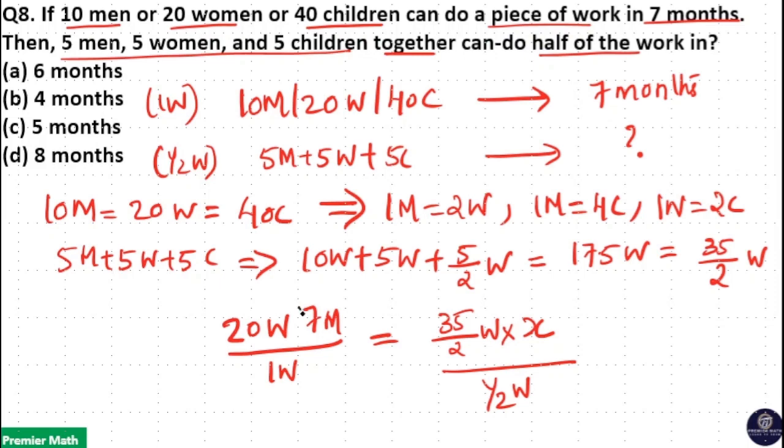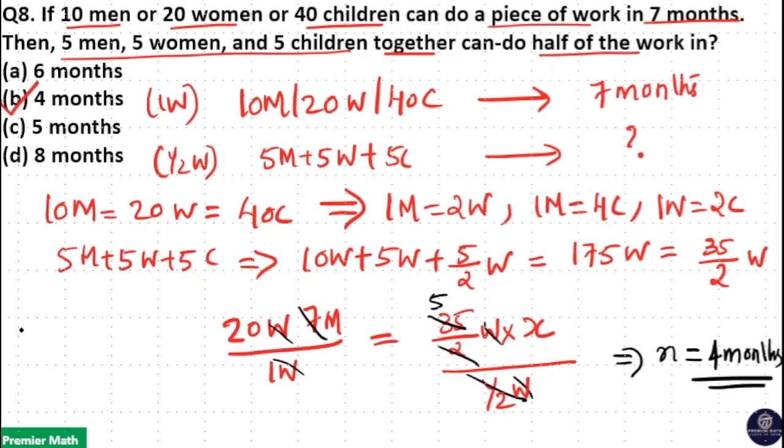Now 7 goes 5 times in 35. 1 by 2, 1 by 2 cancel. Now X is equal to 20 by 5, which is equal to 4 months. So option B is your answer. Here I am using the formula M1D1 by W1 is equal to M2D2 by W2.